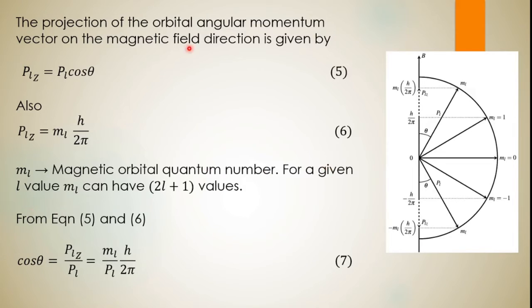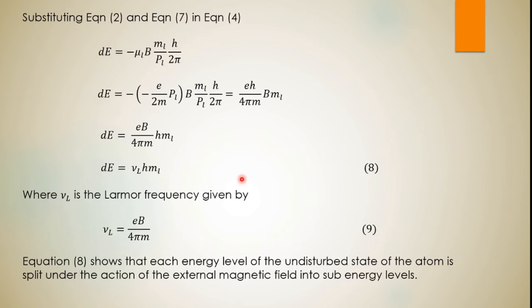Combining these two equations, we have cos theta equal to PLZ by PL, or ML by PL into h by 2 pi. Substituting equation 7 in equation 4, we have the change in energy equal to minus mu L into B into ML by PL into h by 2 pi.